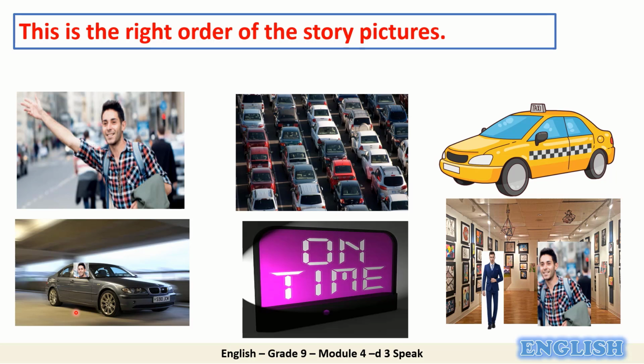This picture tells us that he took a private car, maybe his friend's car. This picture tells us that he arrived on time. And the last picture tells us that he went to the exhibition of his brother and he was very happy.